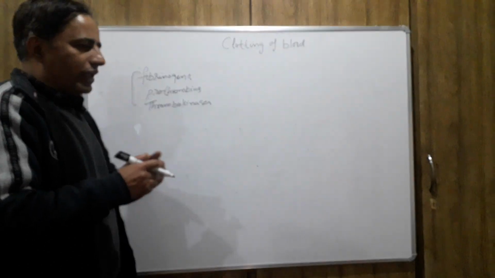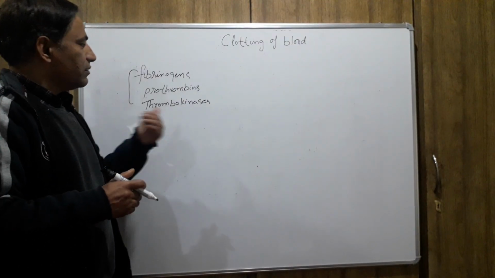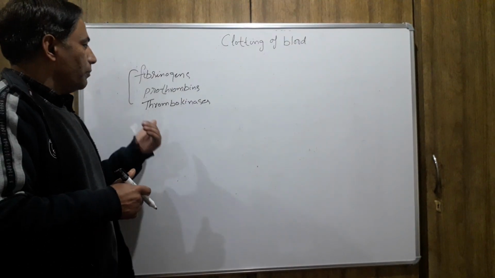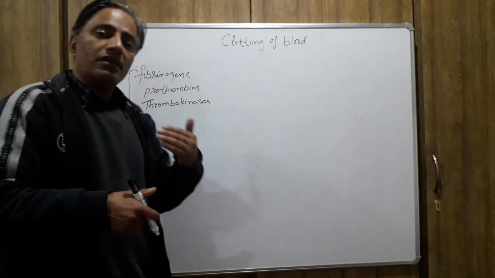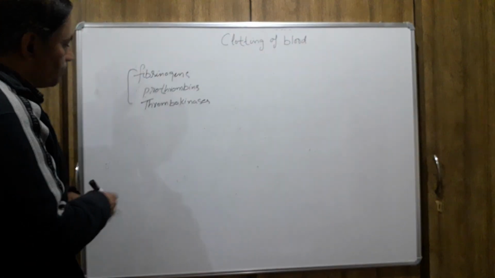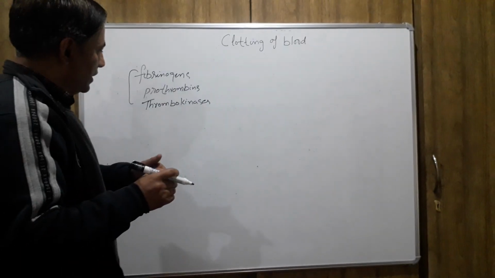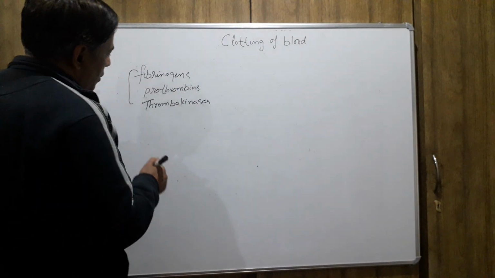But whenever the body gets injured, these inactive enzymes get activated and then help in the clotting of the blood. So what happens at the time of injury?